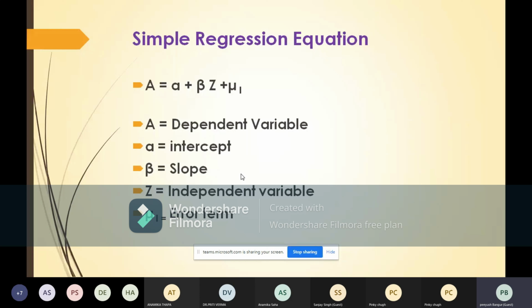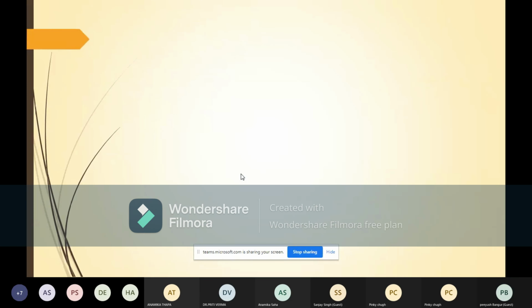That is possible, but without the error term, it is not possible to run any regression. So you can understand the importance of the error term. Each and everything is based on the error term: how the error term is behaving in your research or in your regression equation. That is the most important aspect of your research.